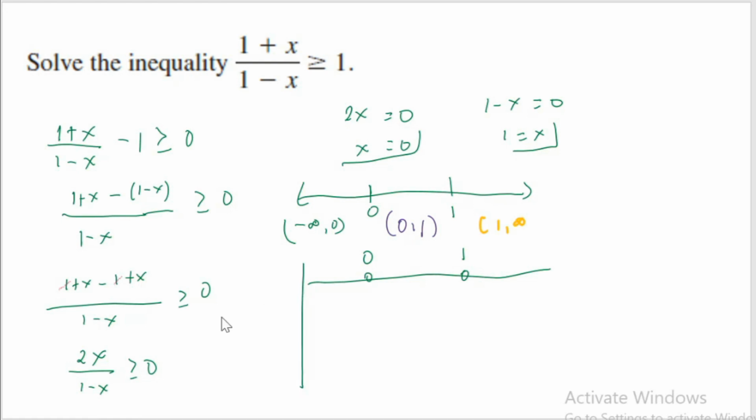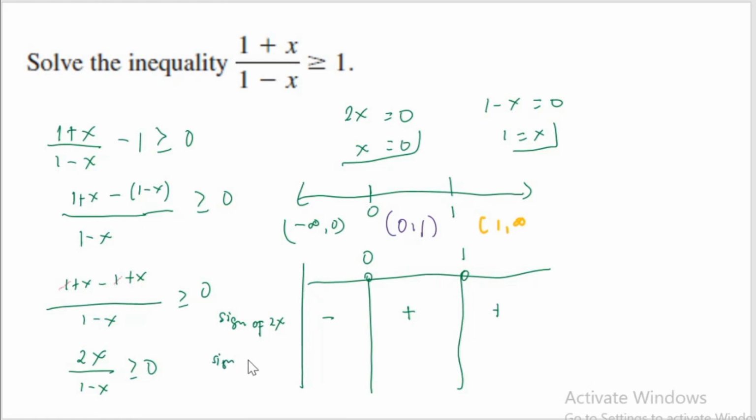What is the sign of 2x? Say the value of x is negative 1. Then 2 times negative 1 is negative. In the interval from 0 to 1, say 0.5, 2 times 0.5 is 1, which is positive. And if x is 2 in the last interval, 2 times 2 is 4, which is positive. The next one is 1 minus x.